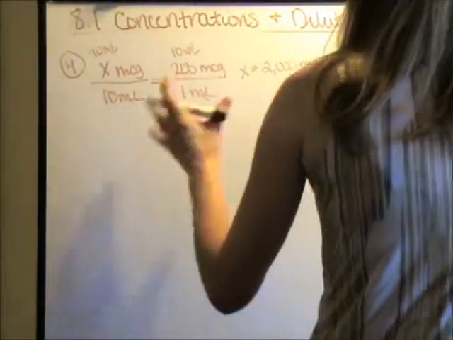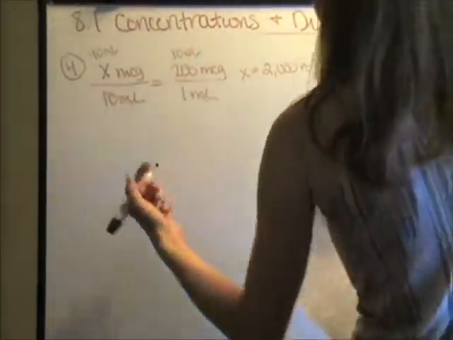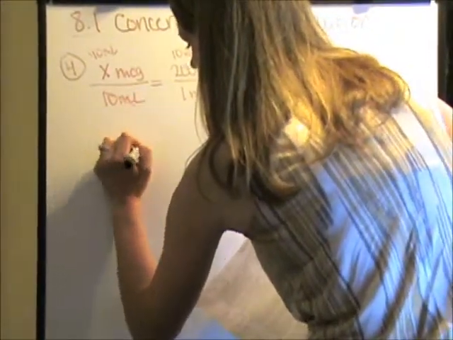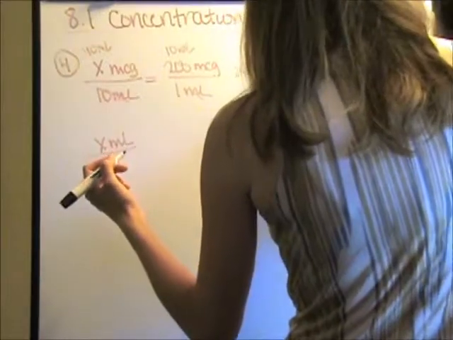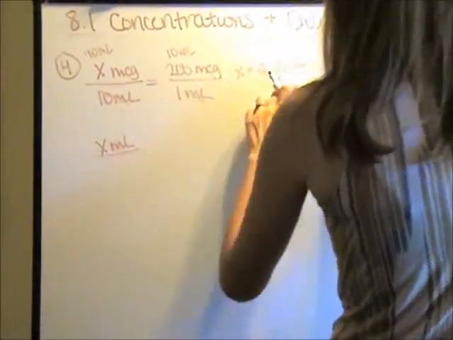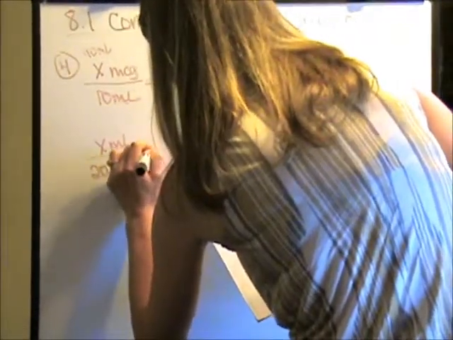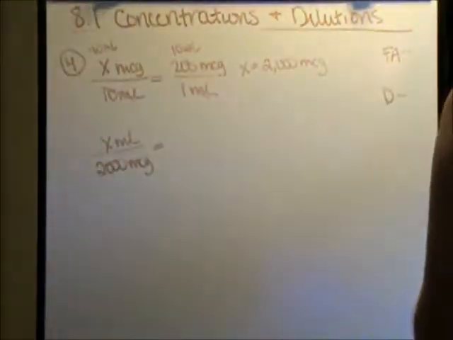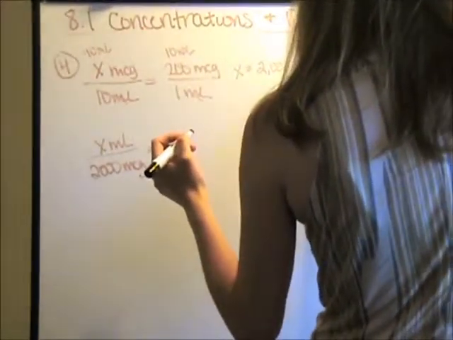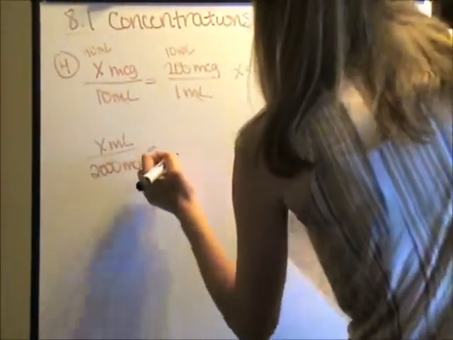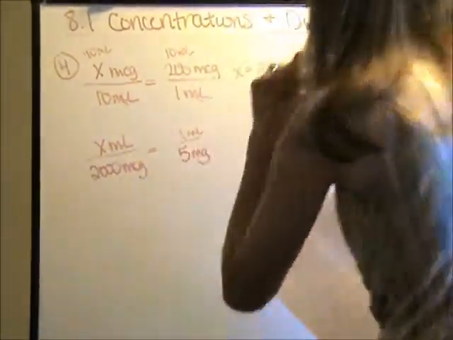micrograms. So now we can set up our proportion to find out how much volume we're going to need. So X is going to be milliliters, and we know that we have 2,000 micrograms, and it comes 5 milligrams per milliliter. Okay, so here's our problem.